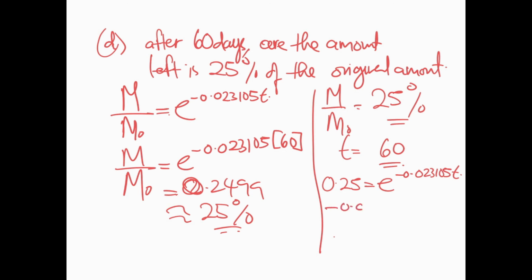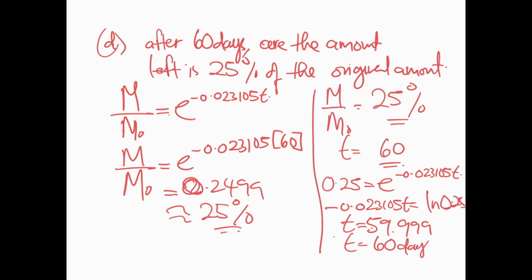So negative 0.023105t equals ln 0.25. So from here we know t equals 59.999, approximately 60 days.